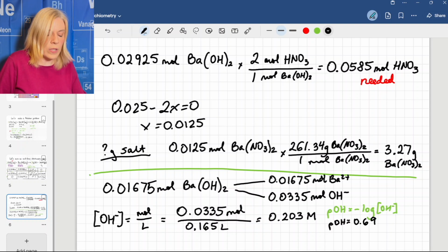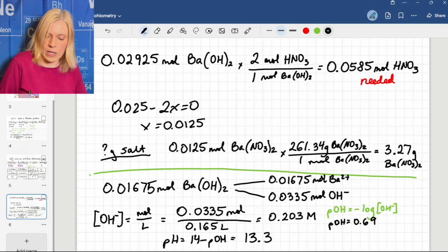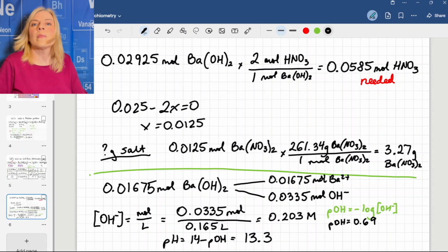Now, what is the definition of pH? pH will be 14 minus pOH, yes? So my pH will be 14 minus pOH, which is 13.3. So here it is. Does this make sense?